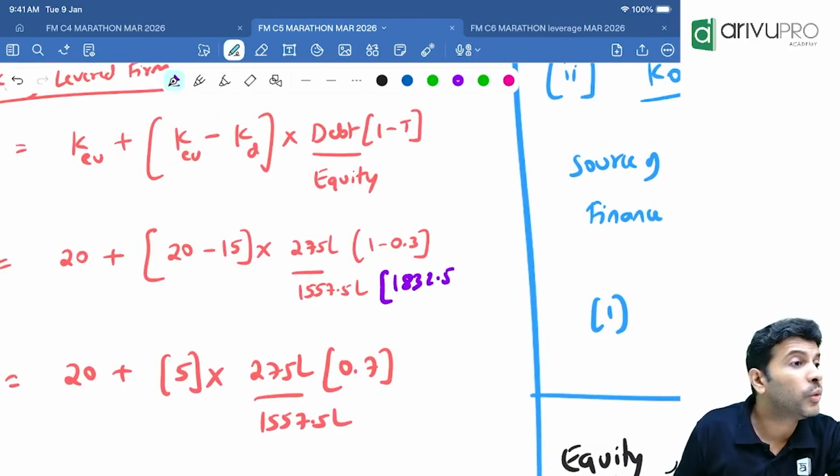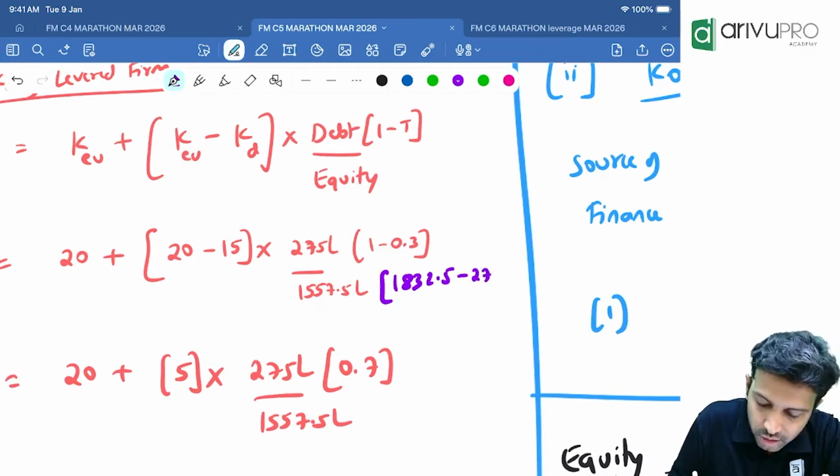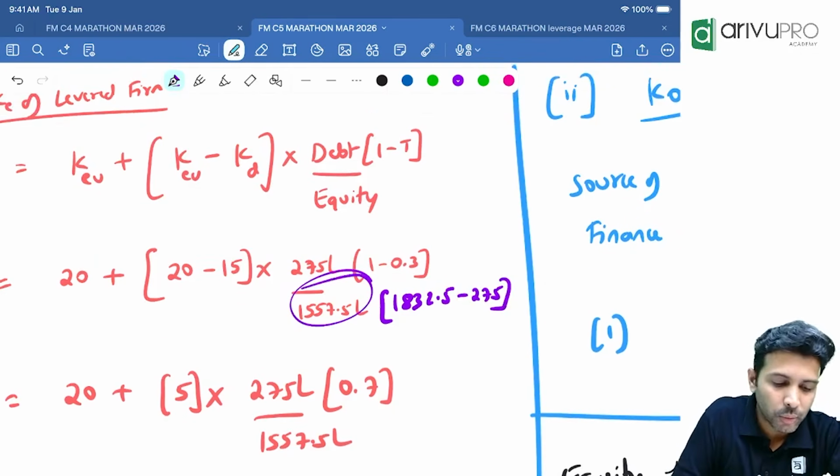V is equal to S plus D. If you know V, if you know D, can't we find out S? How do you get S? V is equal to S plus D, so S is equal to V minus D. What is D? 275.